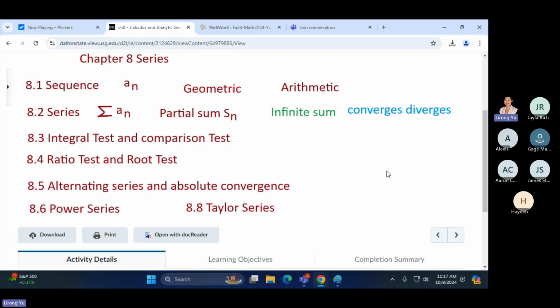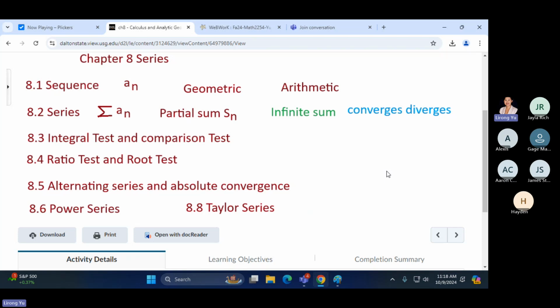Another one is the comparison test, which allows us to compare a complicated series with a simpler comparable series. That way we can determine whether it converges or diverges through the comparable series. 8.4 is, if you cannot find something to compare to, maybe you can compare with itself. So the ratio test: you find the ratio between a sub n plus 1 and a sub n.